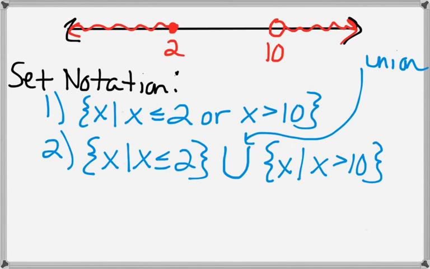That's why it looks like a big U. So a union of two sets means we're just taking two small sets, combining them into one larger set. So either of these would be a perfectly acceptable way to write this set of numbers in set builder notation.